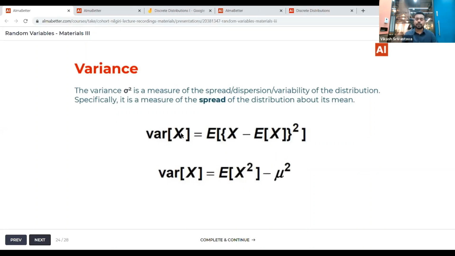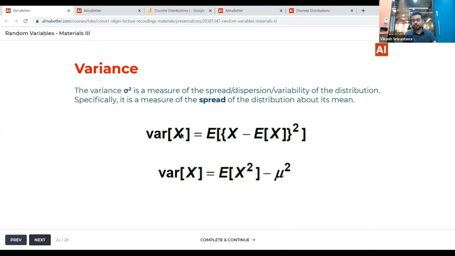You have a random variable, and there is a probability distribution associated with it. You have the mean of that random variable. The variance will tell you the measure of the spread of the distribution about the mean of the random variable. This is how it's defined.